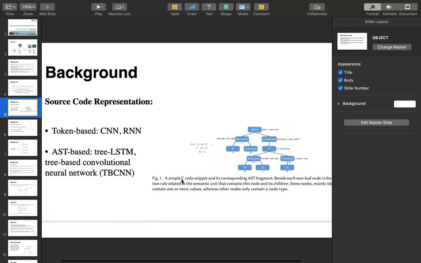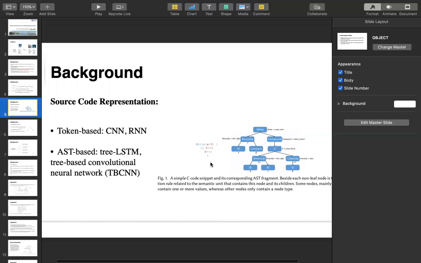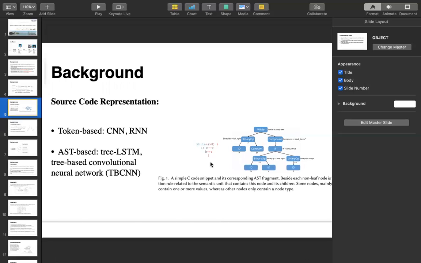Here in the graph, there is a very simple while loop and an if statement, and it is parsed into a binary tree that represents the structure of the code. The typical models we use with the AST based representation are tree LSTM, tree based CNN, etc.